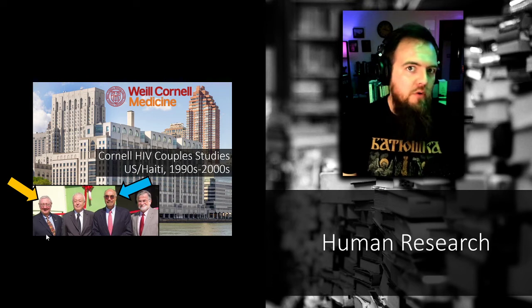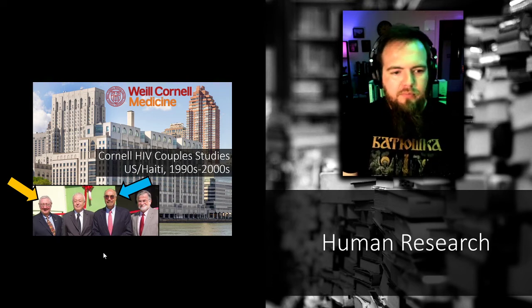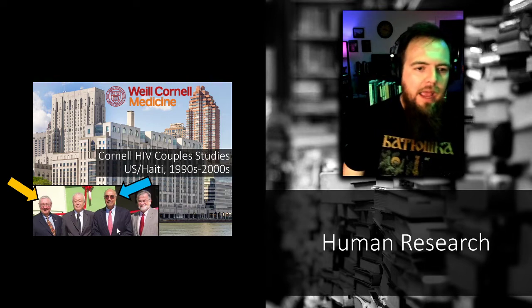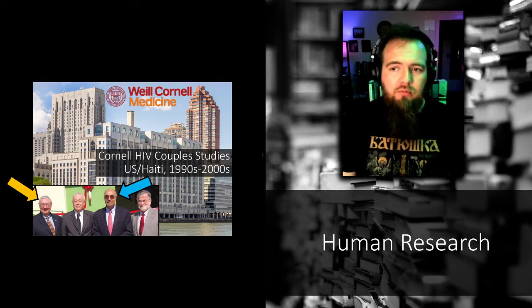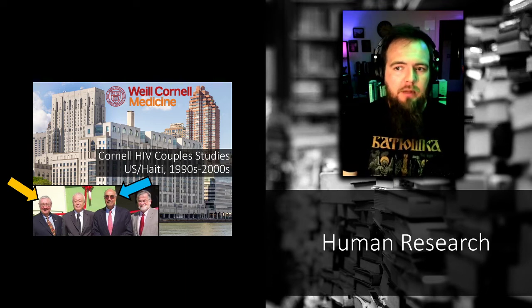So he knows what's going on in these experiments. And then this is Dr. Jean Pop. And Jean Pop is from Haiti. So he's like a native of the place where they're studying. And he also was a graduate of Weill Cornell and a very respected, renowned doctor. And he's done a lot of work for the study of HIV in various populations.